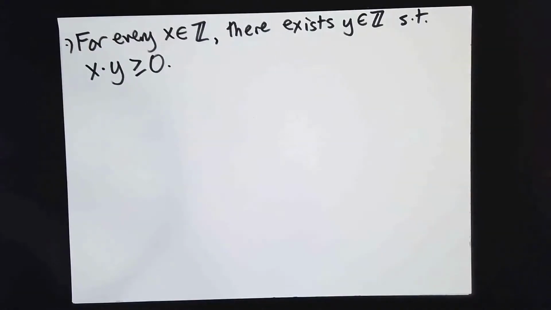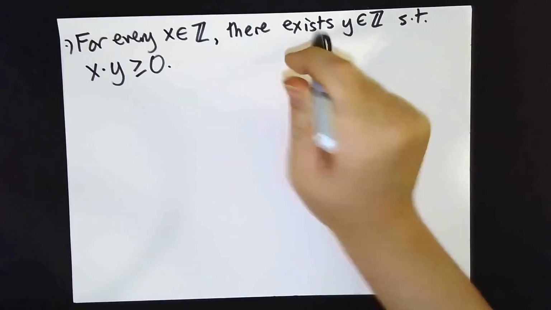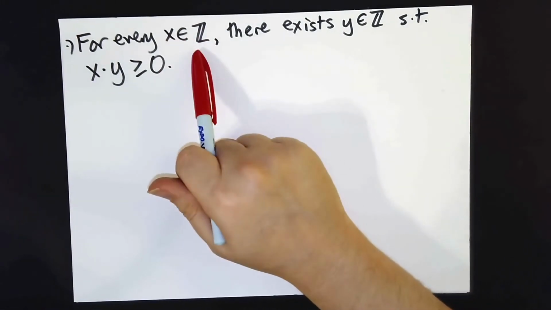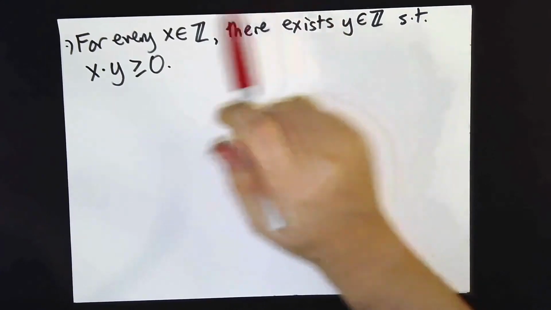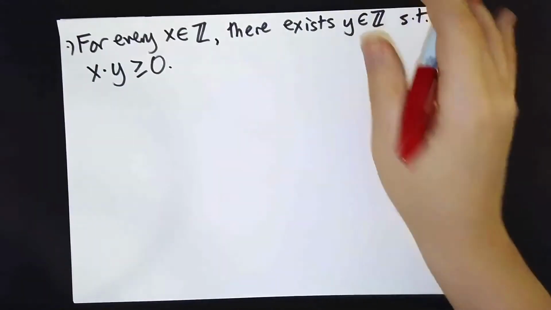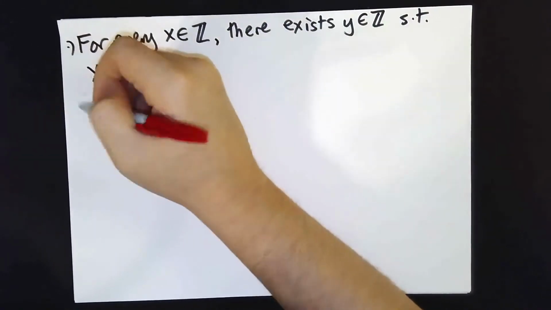Let's do one more, where in this case, we have a compound statement. That is, we have a for every followed by a there exists. So for every x in the integers, there exists a y in the integers such that x times y is non-negative. So this for every becomes a there exists.